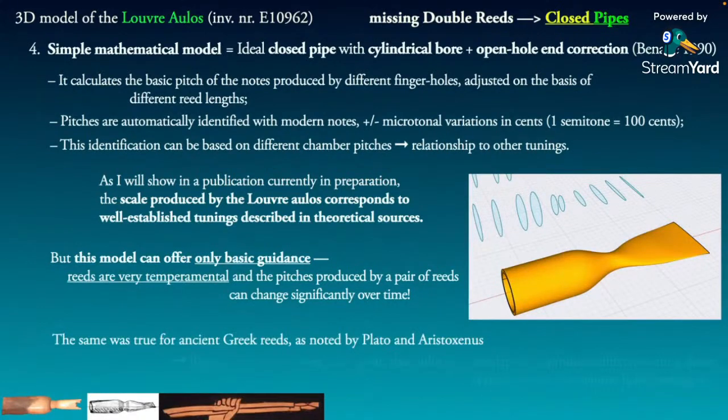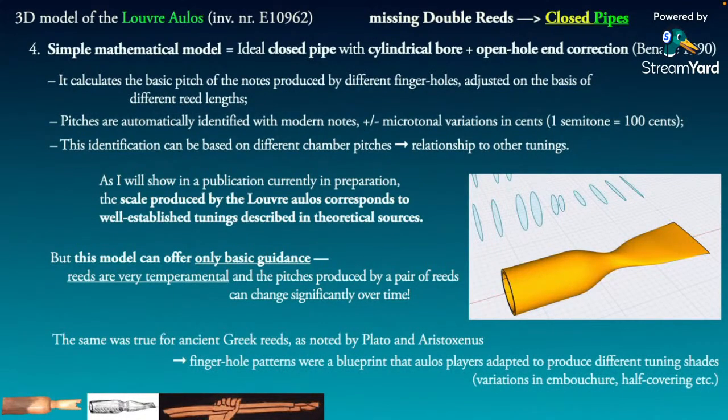Plato and Aristotle point out that the same was actually true for ancient aulos players too. So the fingerhole patterns were only a basic blueprint that aulos players adapted and altered to produce different tuning shades. So we need to take that as a starting point that obviously underwent significant alterations in actual musical practice.